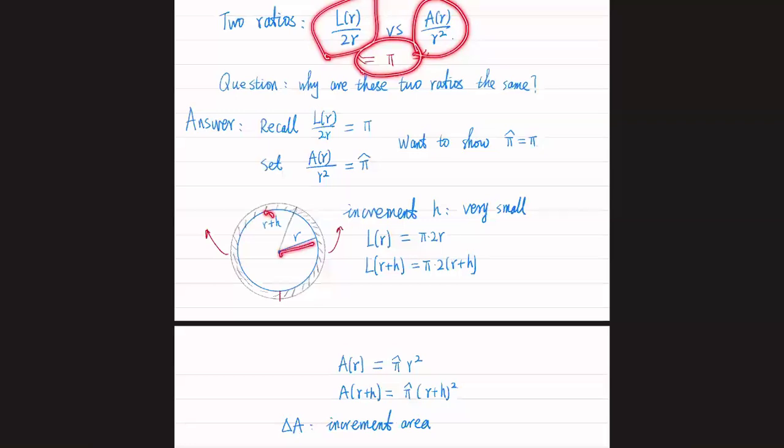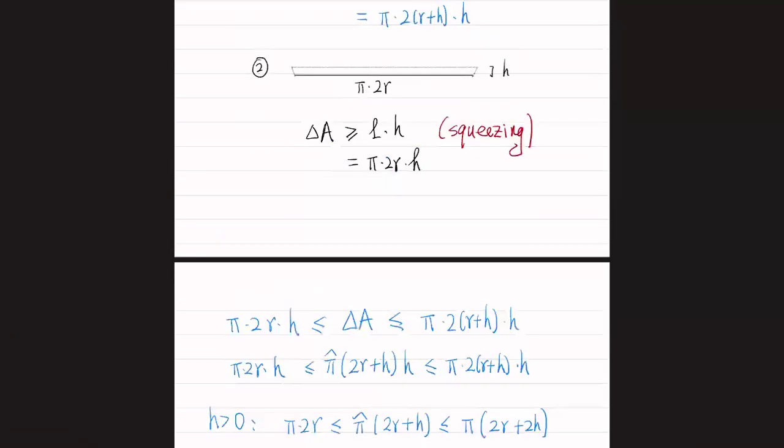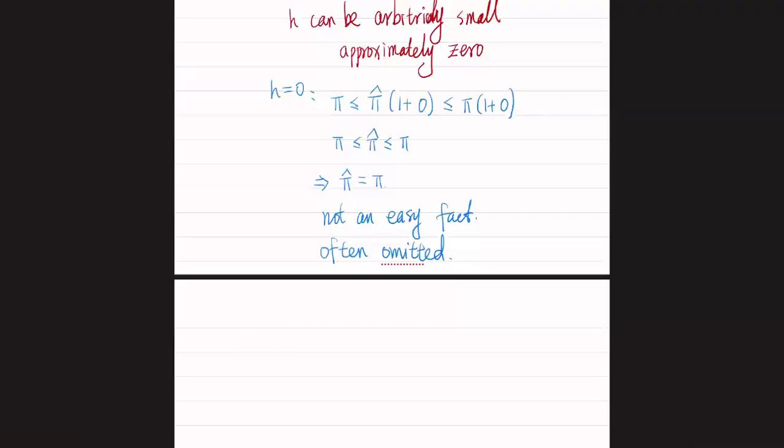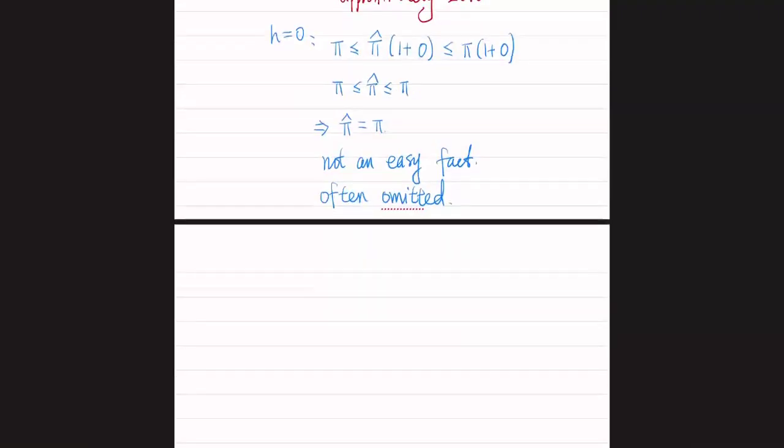So we can have one estimated increment. Now we can summarize. Since we verified they are the same, the length is 2 pi r and the area is pi r squared. So I have the formulas to compute the length and the areas.